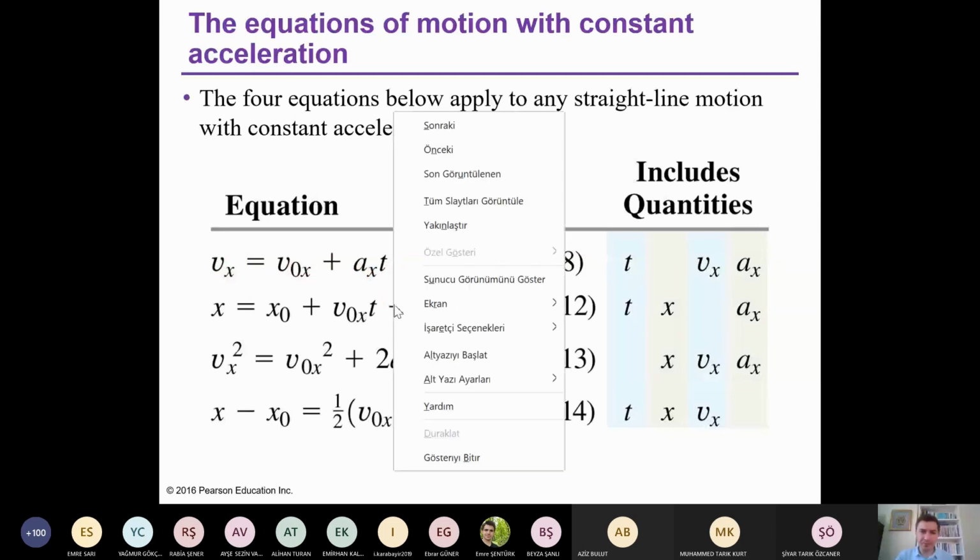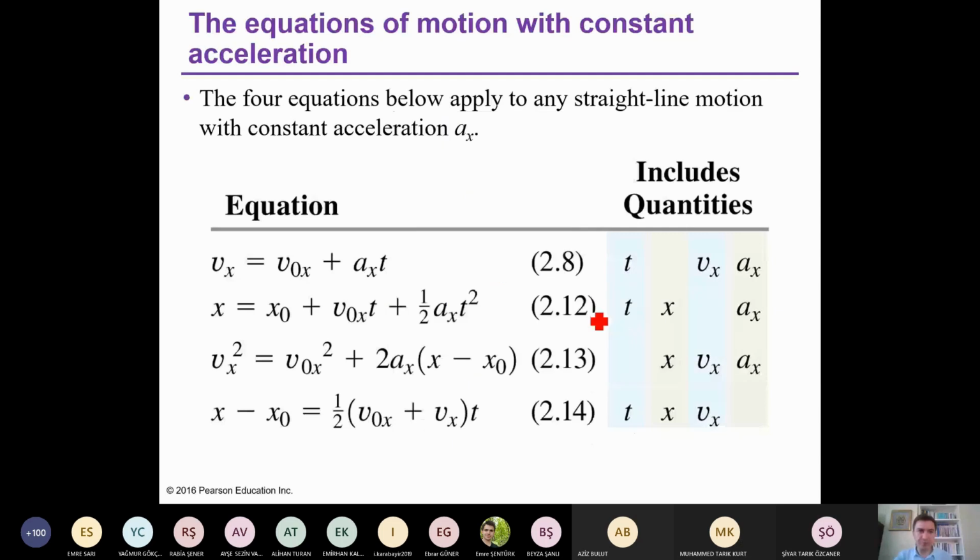Let me show you, for example, this one: v_y, final velocity along the y-axis, equals v_0y plus g t. The sign of g is very important, positive or negative. It depends on your choice for the coordinate axis.